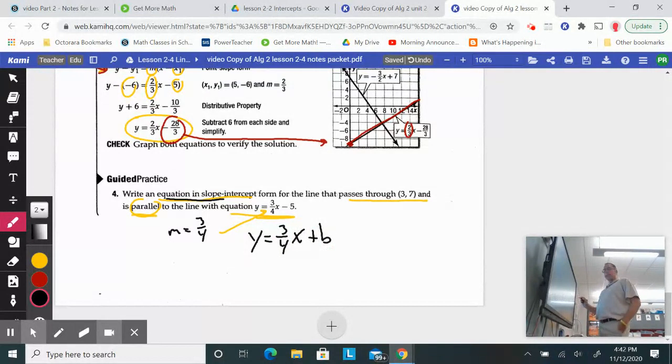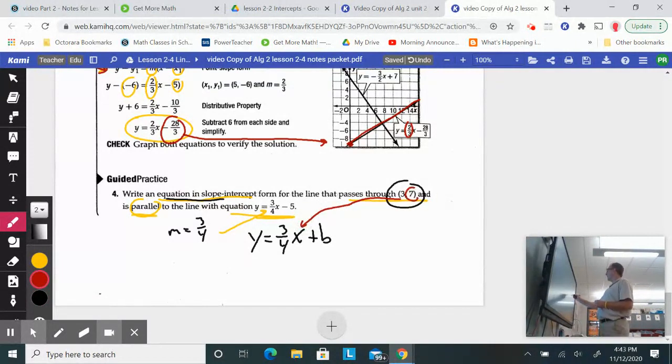Now remember, in slope-intercept form, you have mx plus b. m is the slope, b is the y-intercept. I don't know the y-intercept, so I use this form with this point, one of the points I know, to find out what b is. So watch how I do that. I take the 3 and substitute in for the x.